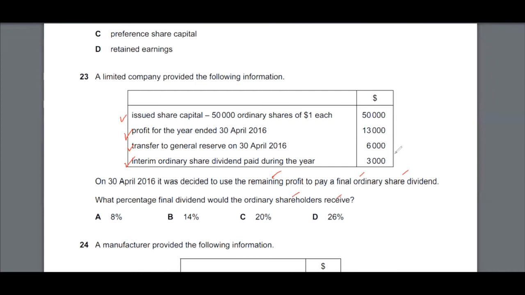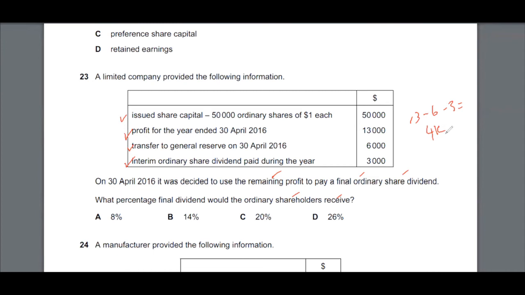So basically, the remaining profit. 13K is your profit for the year. Transfer to general reserve, 13 minus 6, will reduce the amount of profit, and then the interim ordinary share dividend, which is paid, is 3. So 13 minus 3 is 10, 10 minus 6 is 4. So 4K is left.